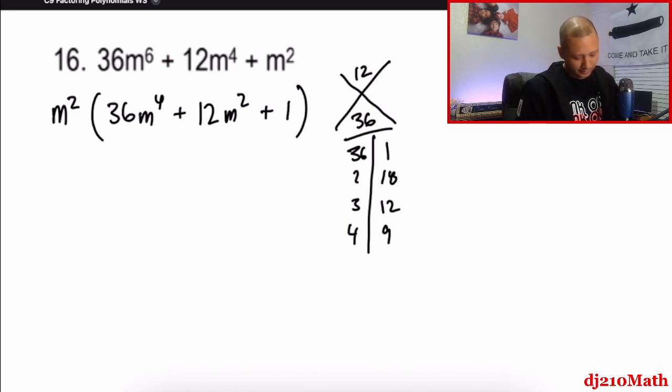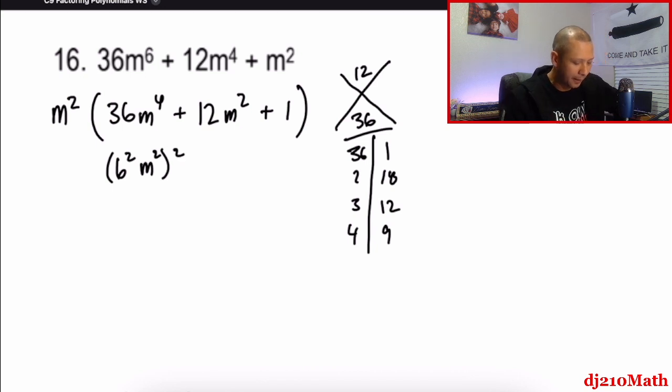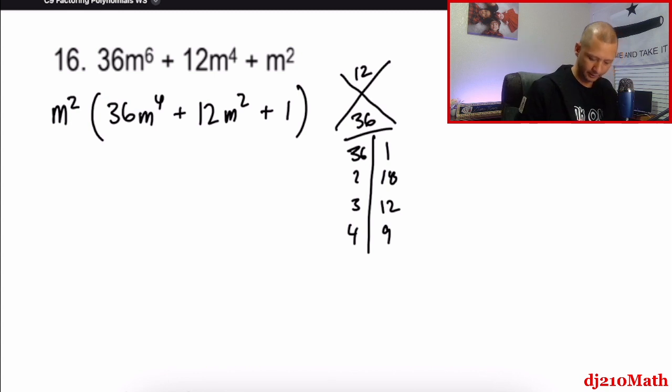Right, because 36, think about this for a moment. 36 is really 6 squared, and this is going to be m squared. Can I pull a square out? That's the question. No, because if I take a square out, that square is going to have to apply to the other one. Okay, I'll do some math trickery.